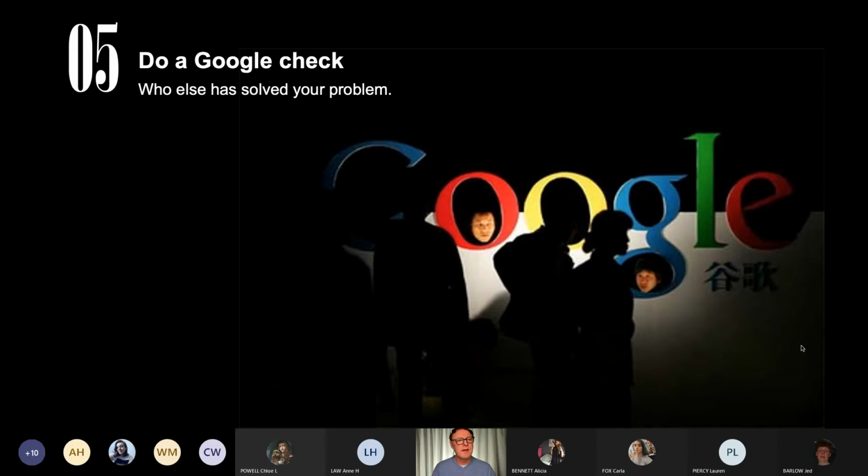Number 5. Yes, do a Google check, but don't use Google as your only source of research. You do want to, in all cases, find out who else has solved a similar problem to your own.